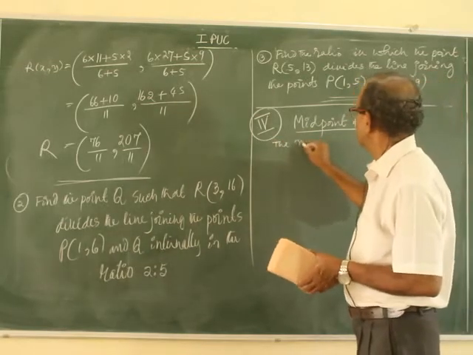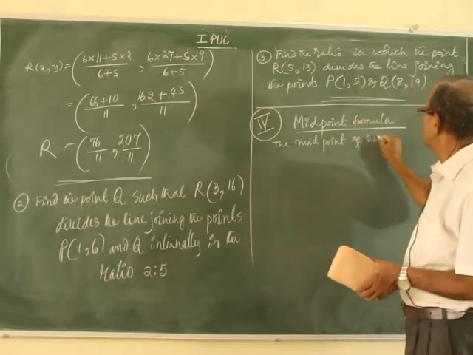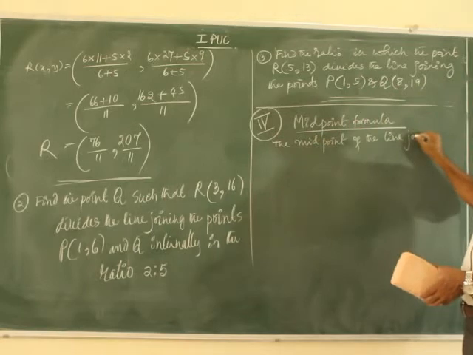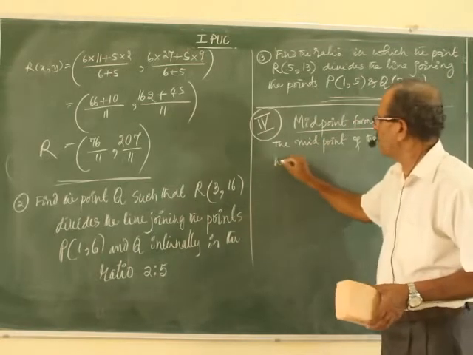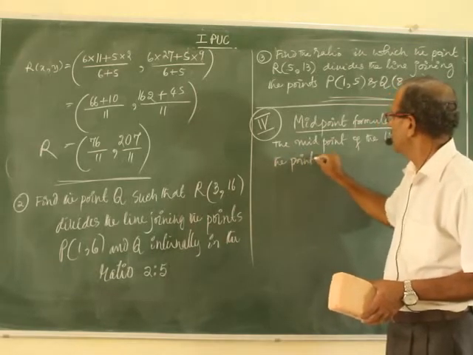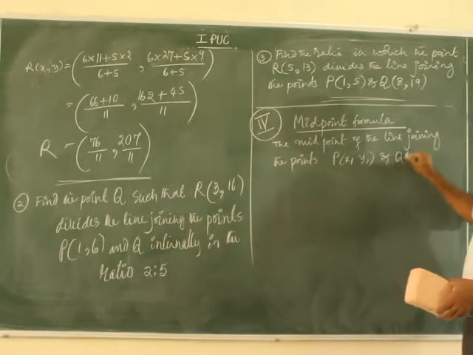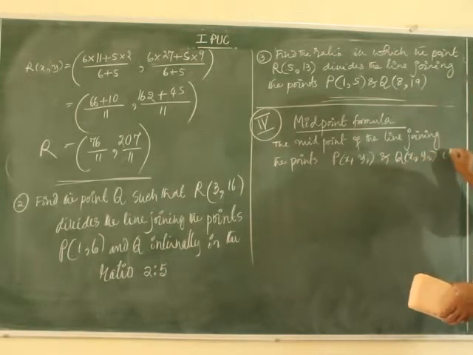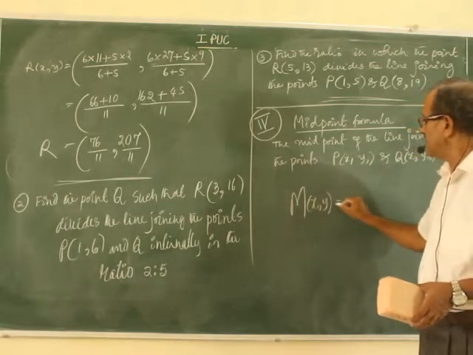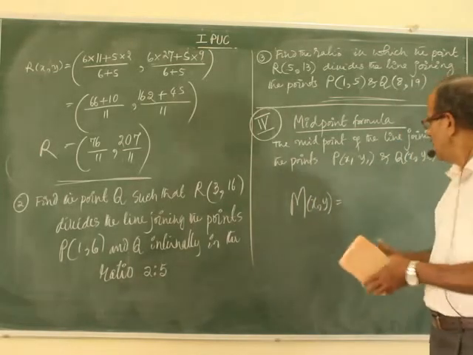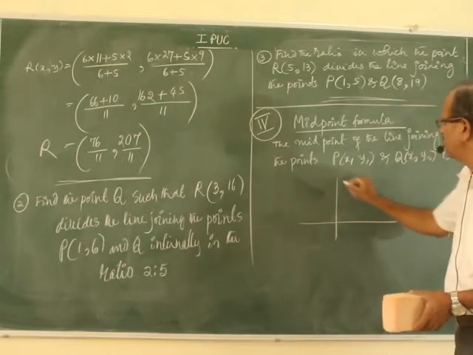The midpoint of the line joining the points P(x1, y1) and Q(x2, y2). Let me write it as M, because M is the midpoint. I have drawn the figure in the previous case.